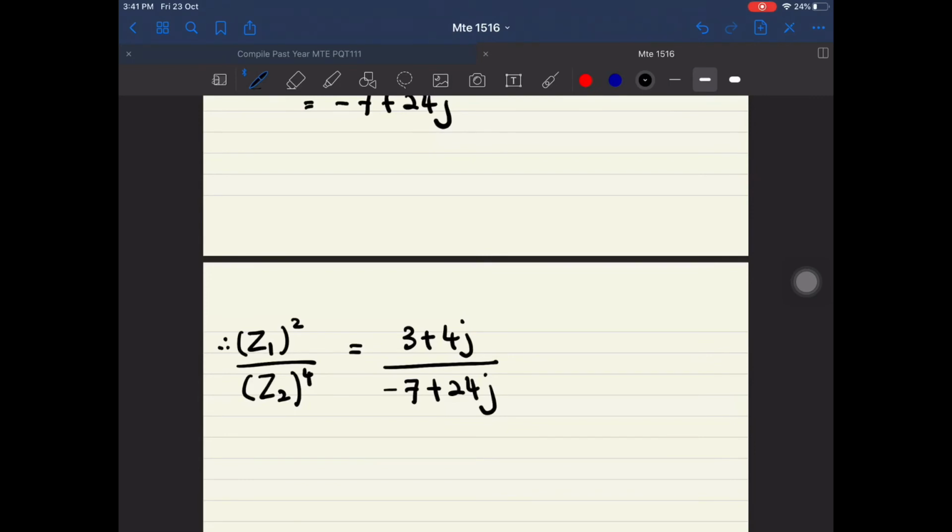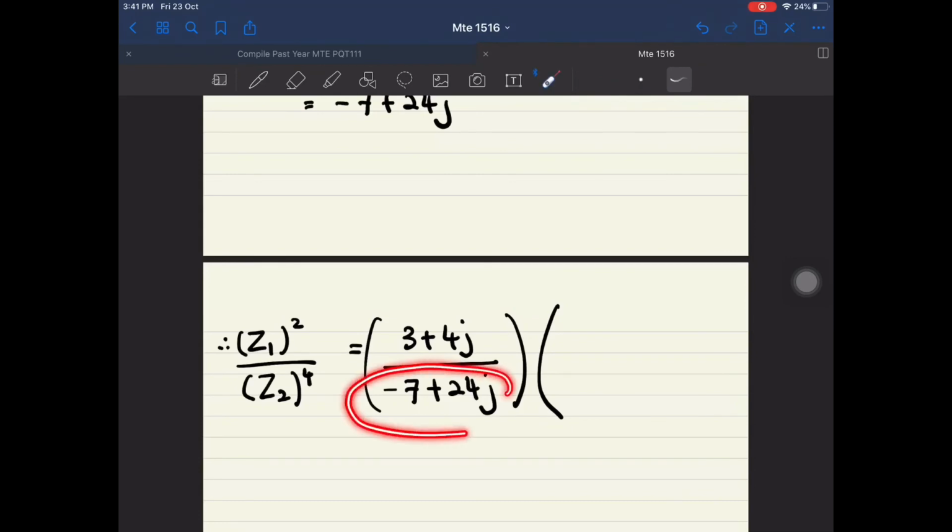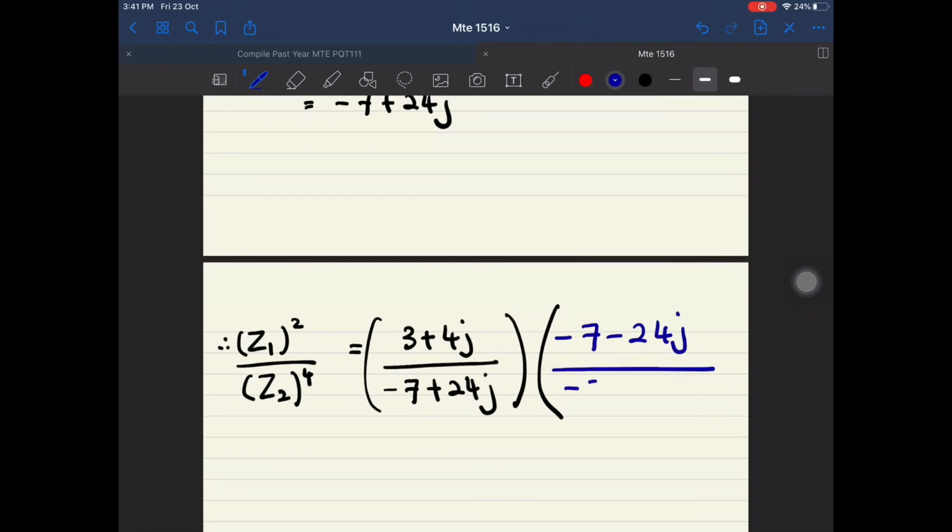So you need to multiply this one with the conjugate of the denominator. So you will have -7 minus 24j over -7 minus 24j.